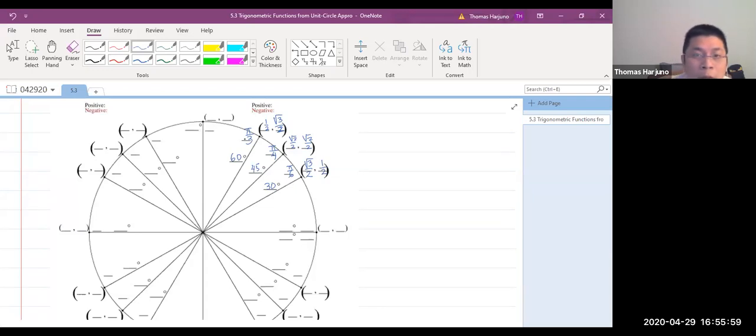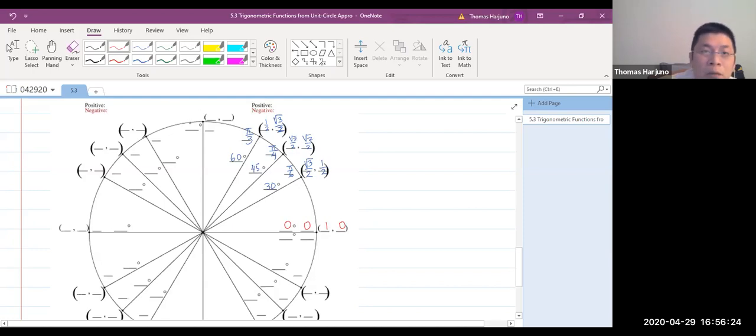Now, what we have learned just now is what happens if we have the other special angles, the quadrantal angles. For 0 degrees or 0 radians, the coordinate corresponding to that is (1, 0), which means cosine 0 is 1, sine 0 is 0.